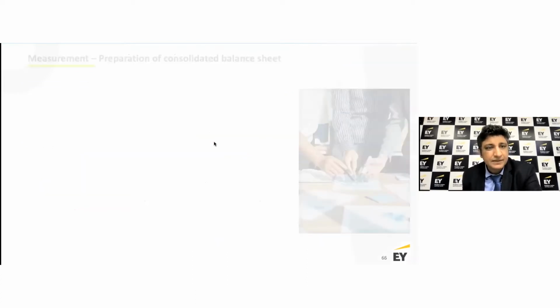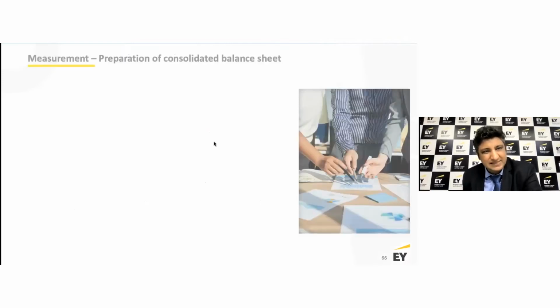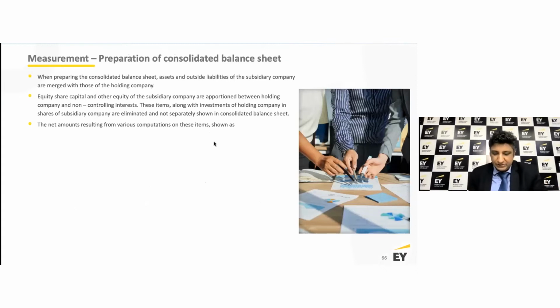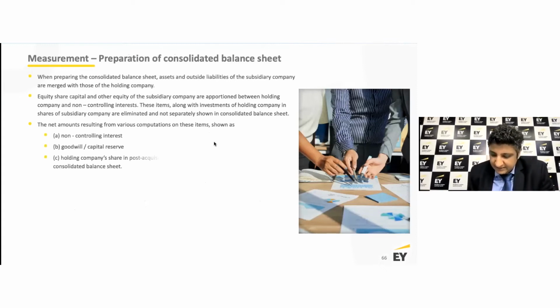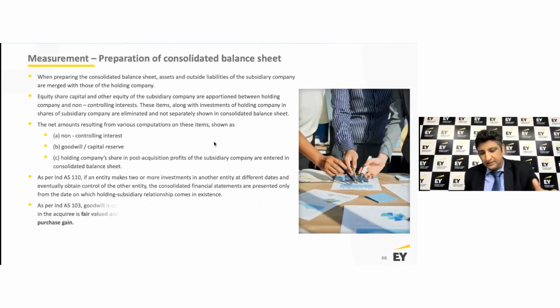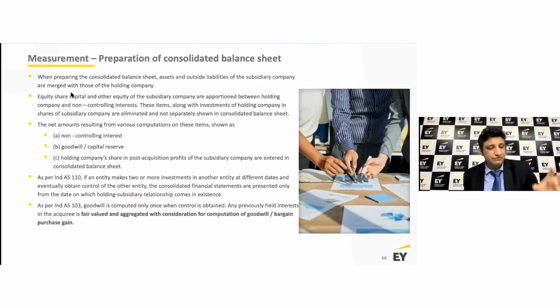All right. This is something we discussed when we started the conversation around how to prepare a group balance sheet. We are saying that the assets and liabilities of the group are basically the combination of the assets and liabilities of the parent and subsidiaries together.